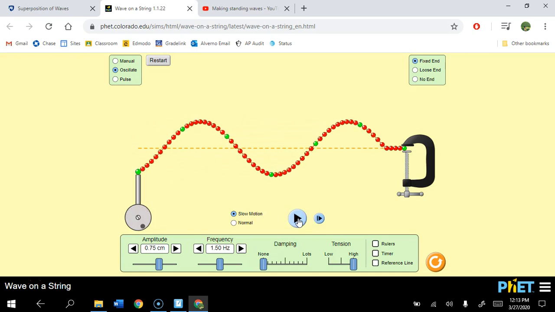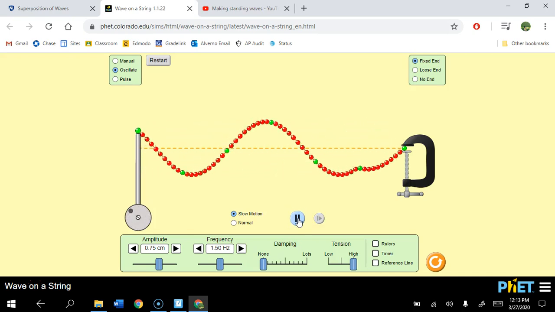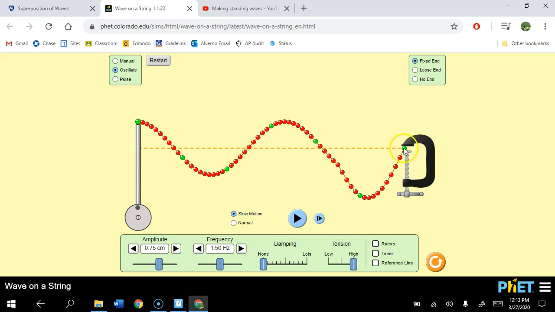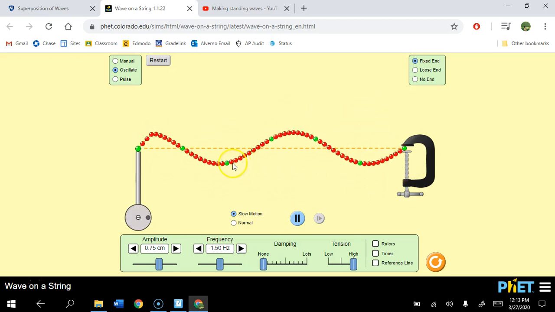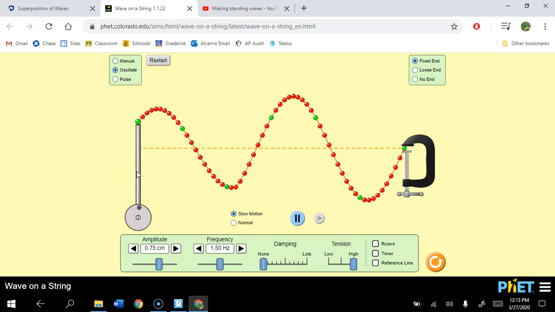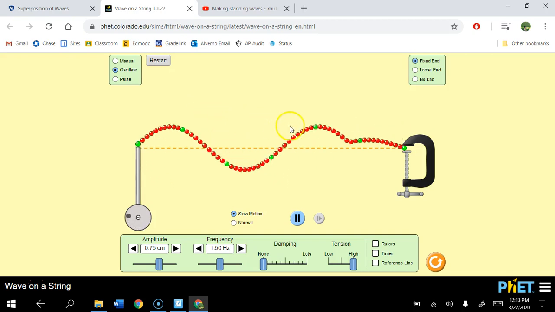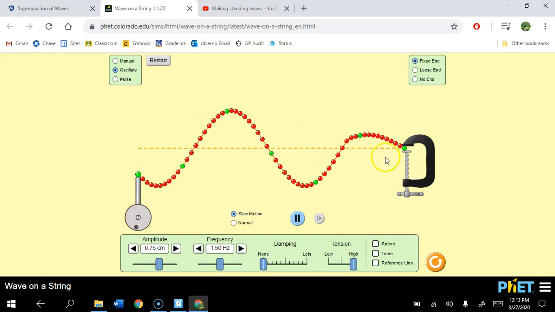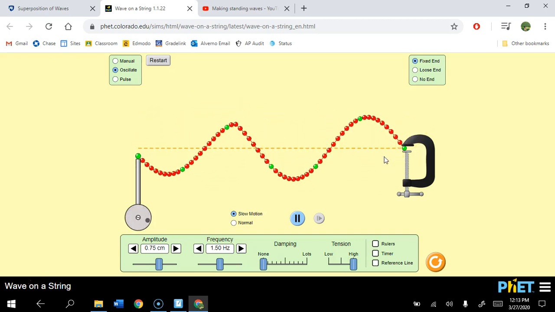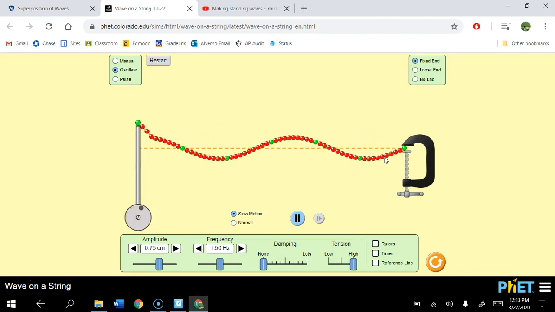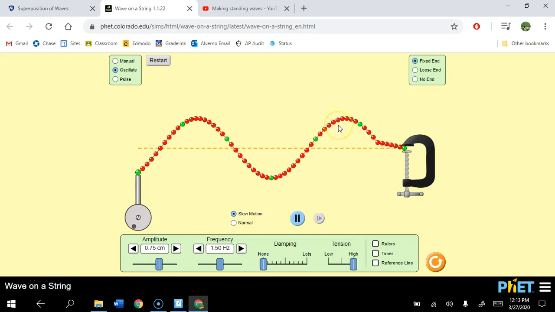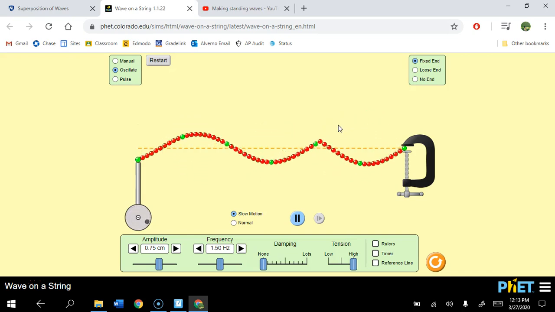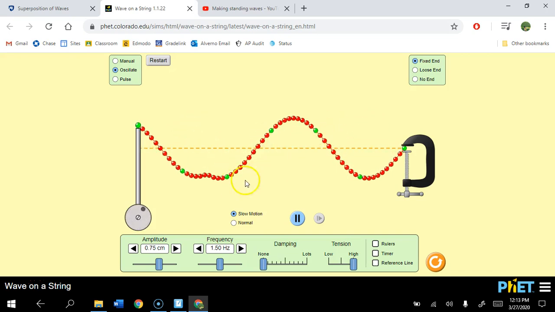So here goes. That wave is going to hit, and take a look at what happened. It went below, right? Now there is a wave trying to get to the other side at the same time that there are waves traveling forward. What ends up happening is exactly what you saw in the water tank. You're looking at some bit of a standing wave, though there's still a slight difference.